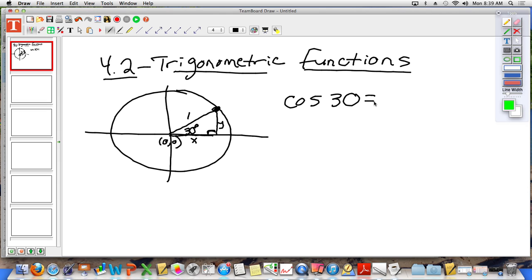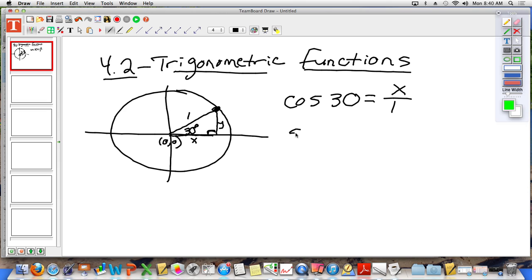We calculated that the x value was the same thing as the cosine of 30 degrees times 1. What's the cosine of 30 degrees? Look at the table you just filled out. Isn't it the square root of 3 over 2?